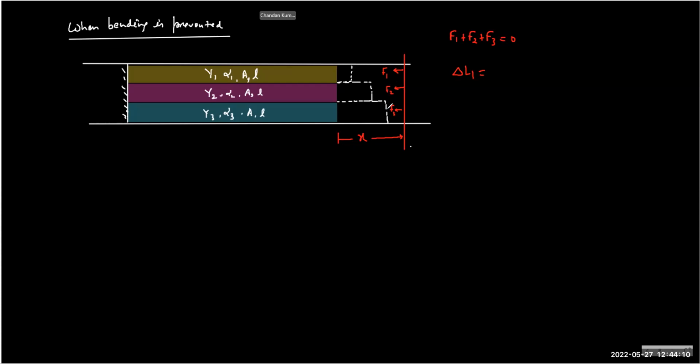See, the dotted lines are representing the natural expansion, the thermal expansion. So how much we have deformed each strip individually. Tell me.